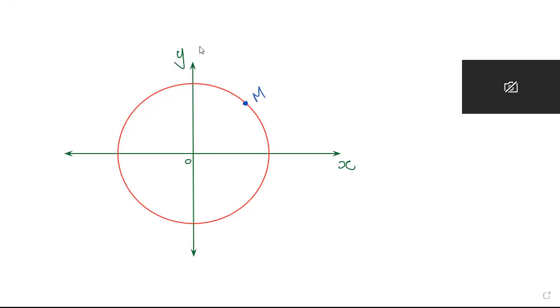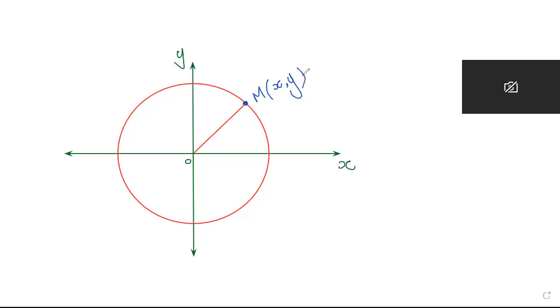And what did we do was this. We said that, in order to identify this point M, because it is also in the Cartesian plane, it comes with two coordinates, x and y.